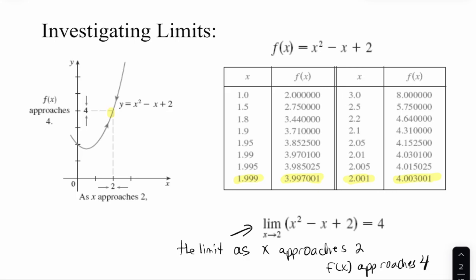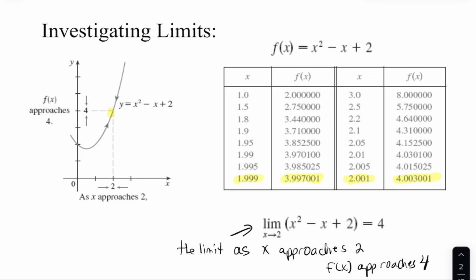We are going to have some functions where, as we get super close to that value, we approach a certain height, but we don't necessarily land there. A limit is not saying that we land at 4 when x equals 2. It is saying we are approaching a height of 4.